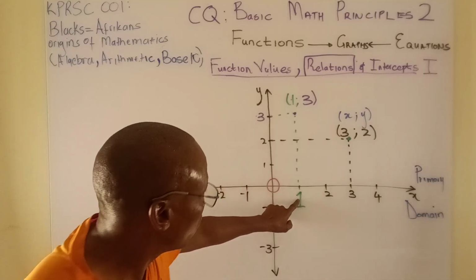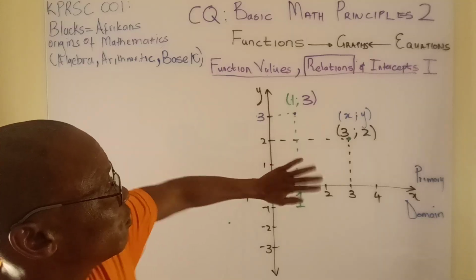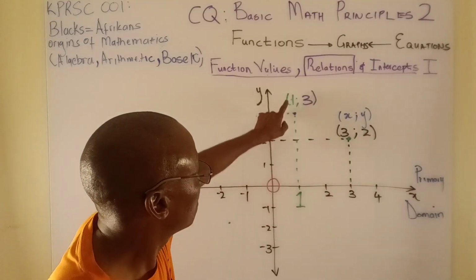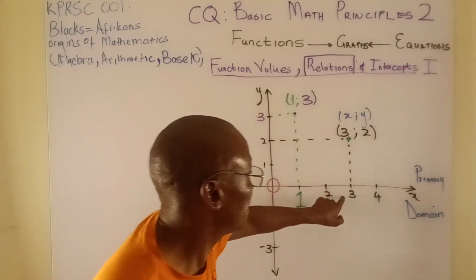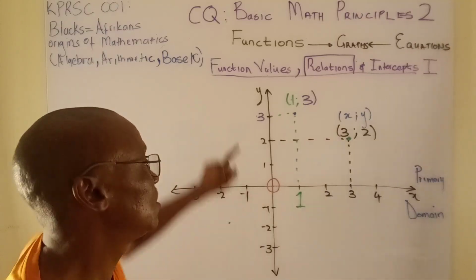Meaning you have related 1 with 3. If I look at your Cartesian plane, I will tell you that you have related 1 with 3 and 3 with 2. That's all I can tell you until you select another one.